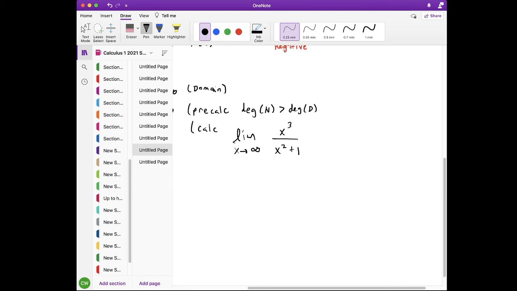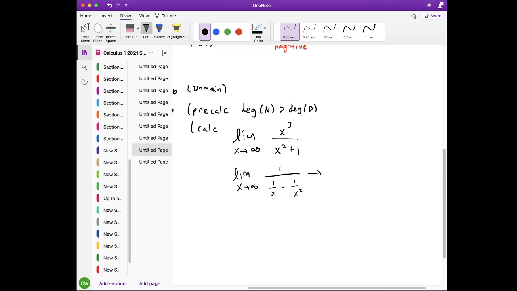Yeah. So if you factor out x squared, you get x. Well, how we did it was we factored it out by just the highest power in general, which was x cubed. Get 1 over x, and then 1 over x squared.